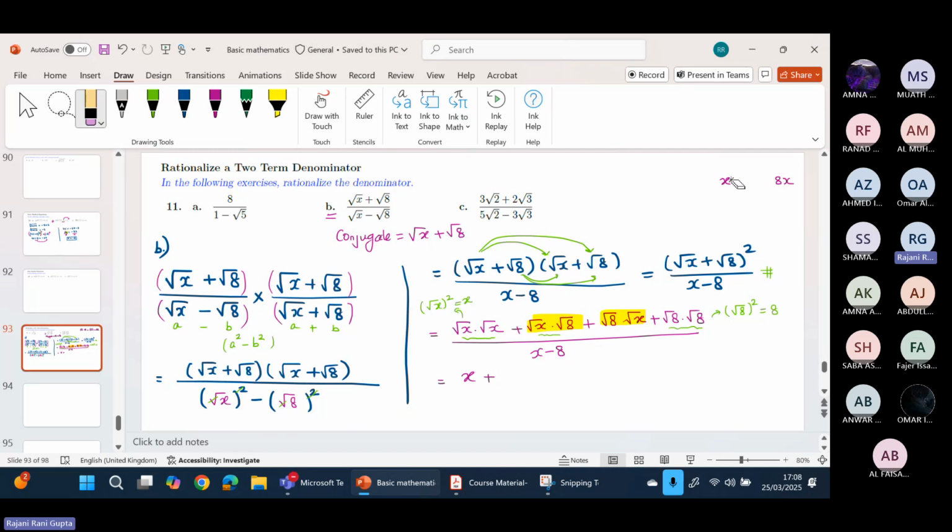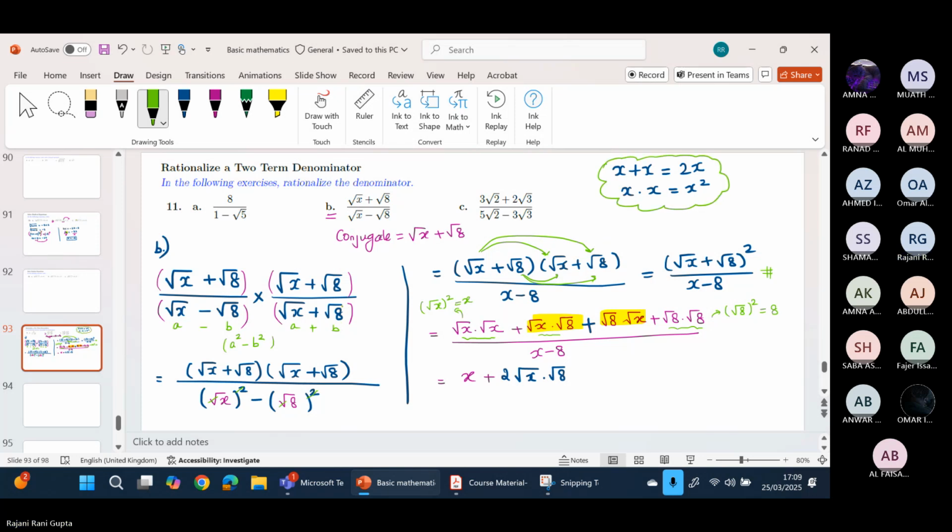Don't do this because you may get confused. So x, these two terms are same. So you will write 2 times root x. Not power 2 because it's plus. Because of plus, you write 2 times. Because see, if you have x plus x, you write 2x. But if you have x multiply x, you write x power 2. That's the difference.